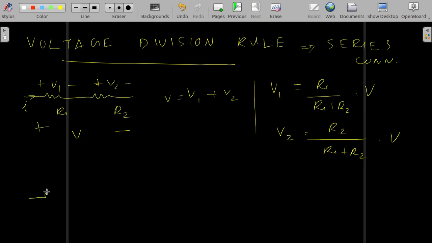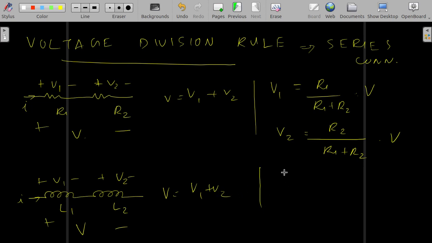Similarly, if you have two inductors, with current I, V1, V2, L1, L2, and the total voltage V, again V equal to V1 plus V2. So V1 equal to what?